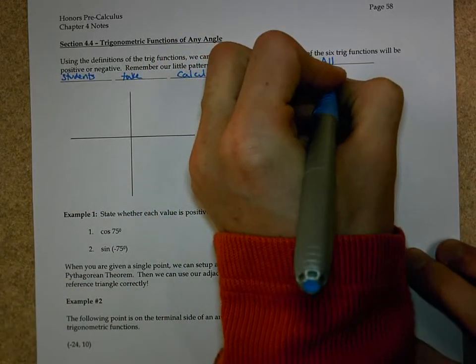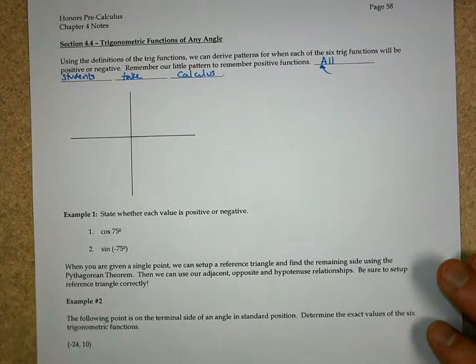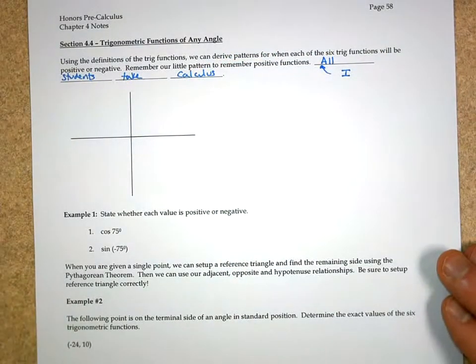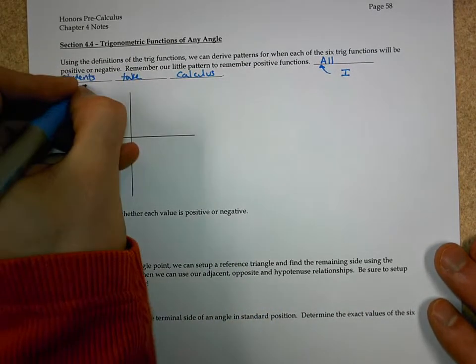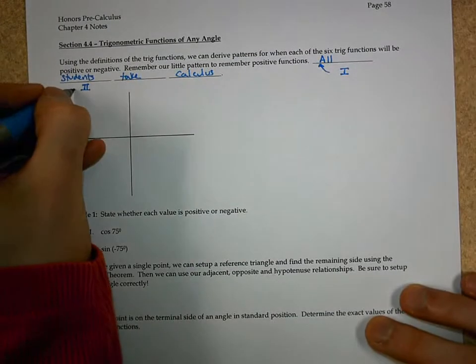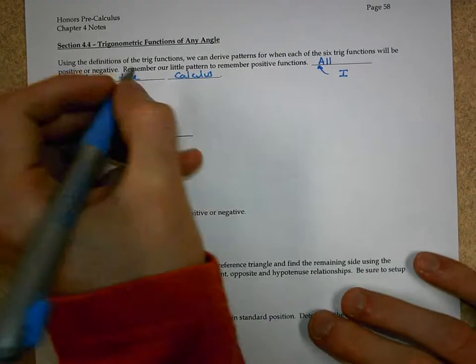So right here, A is the first letter of the first word, which means that all the trig functions are going to be positive in the first quadrant. The second word, students, represents the second quadrant, and the first letter is S, which means sine is going to be positive in the second quadrant.